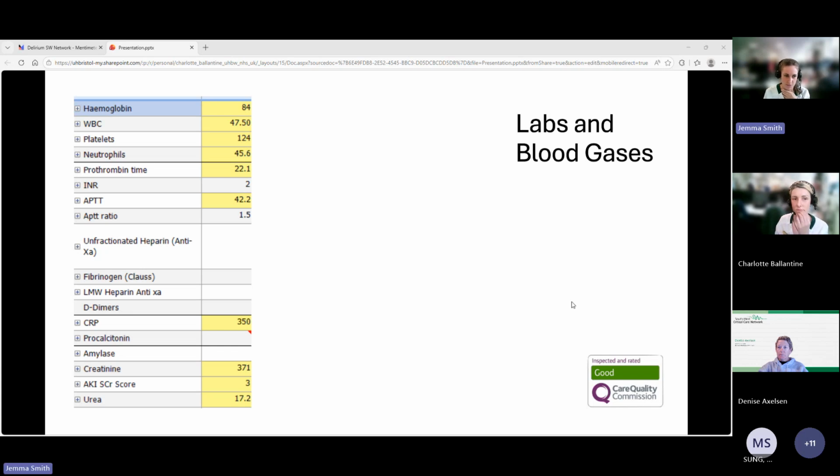CRP, yeah, that was one of the ones I highlighted. Yeah, and then you've seen your white blood cells have responded to that raised CRP. Yeah, urea is another one.